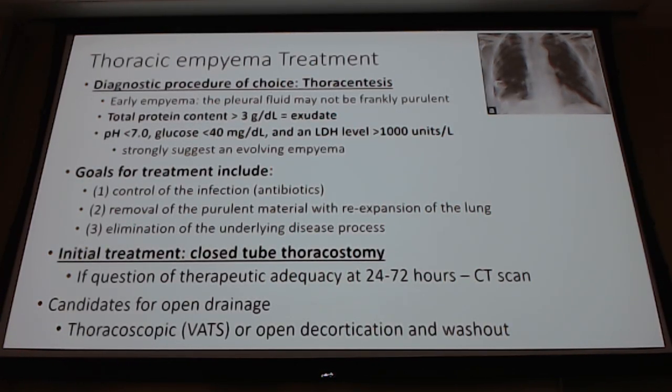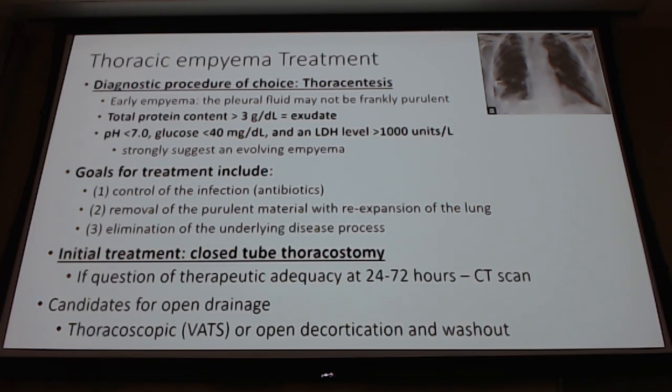Goals for treatment: we want to treat the infection, needing IV antibiotics. Most of these we will not just treat with oral; we will keep them in-house, at least initially, and put them on IV antibiotics. We want to remove that purulent material and have re-expansion of the lung. That is key.